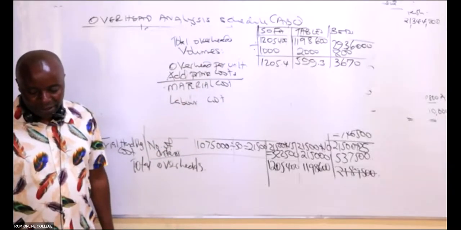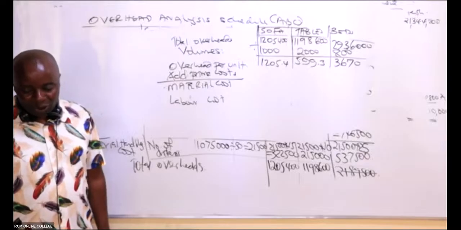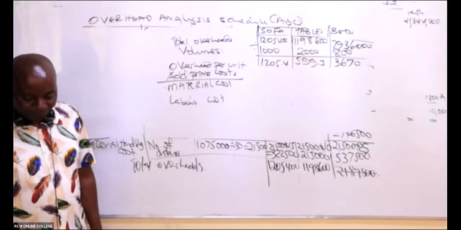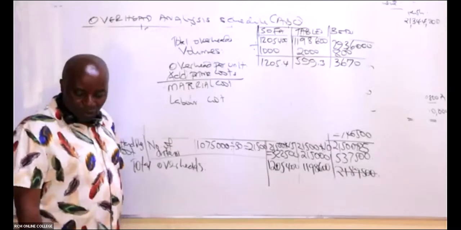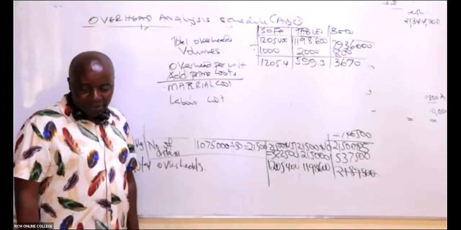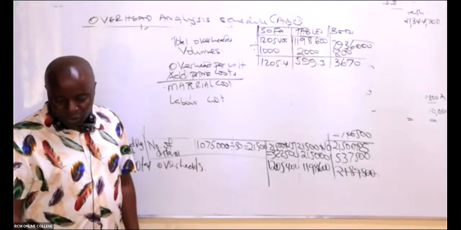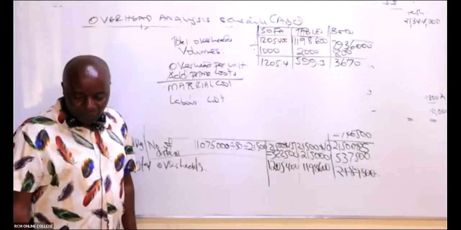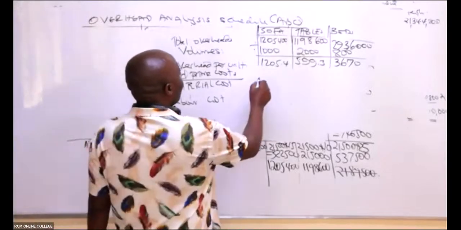I know you have the material cost for the sofa. Students are tired. But 500 for the sofa material cost.